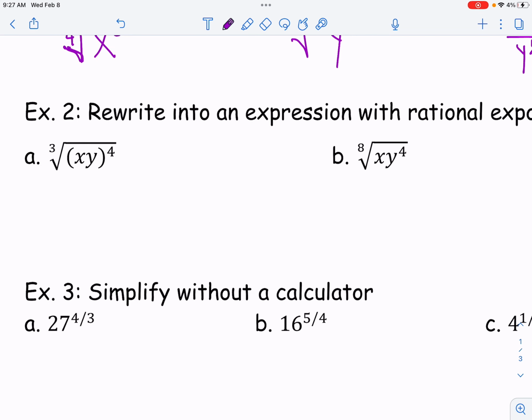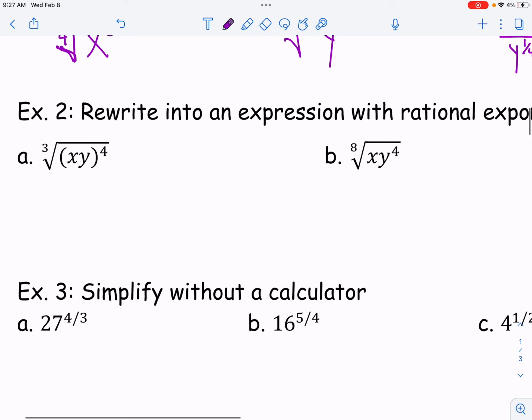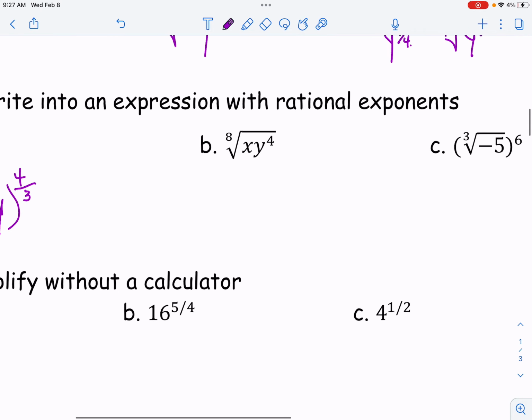Now we're going to go in reverse order. We're going to write this in rational exponent form. This base is still the base. I'm going to put it in parentheses. The exponent comes with it. This becomes the denominator of the exponent. xy to the 4th.